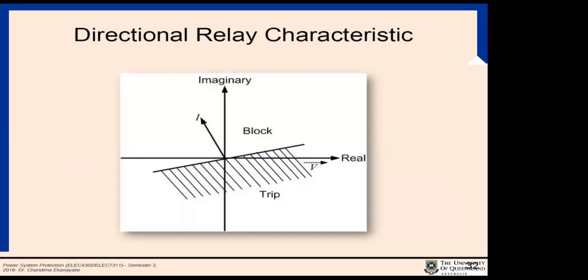So this is the theoretical directional relay characteristic, where we have a simple block zone and a trip zone. If the fault current is within the block zone, then the interrupter or the recloser will not operate. It will block the opening.